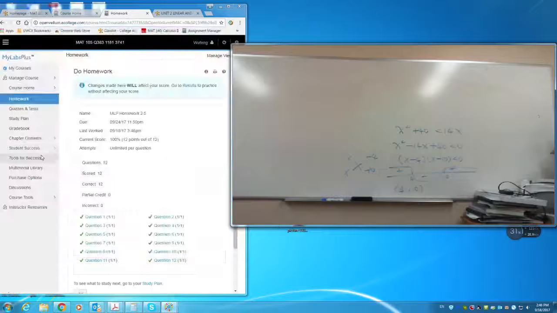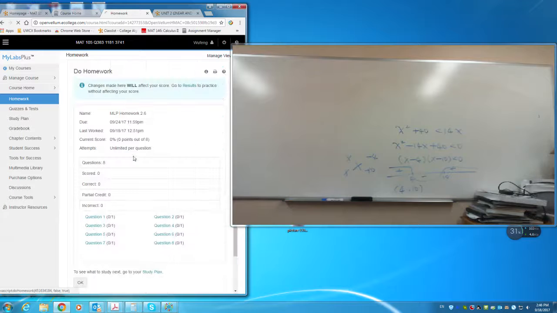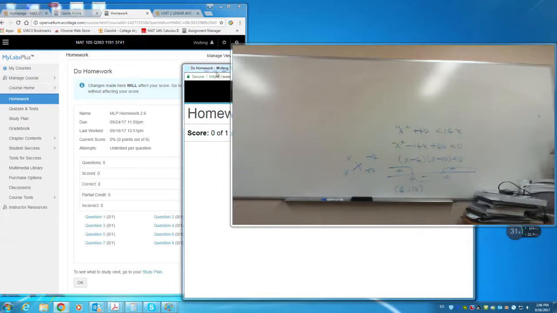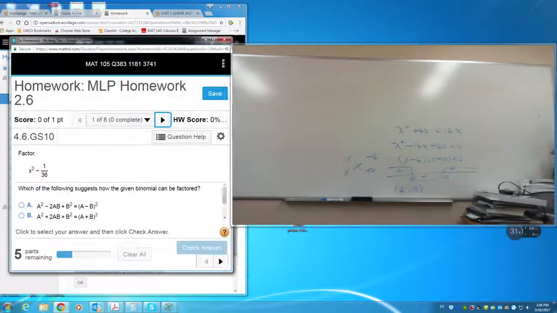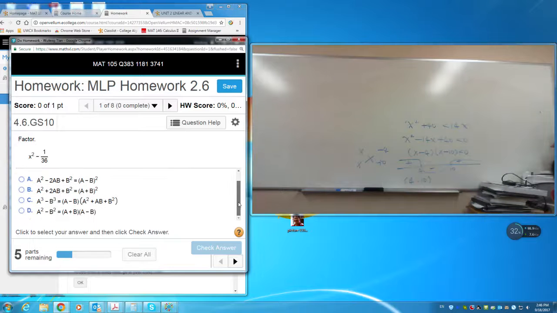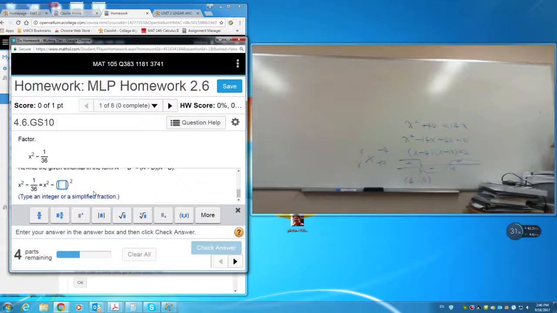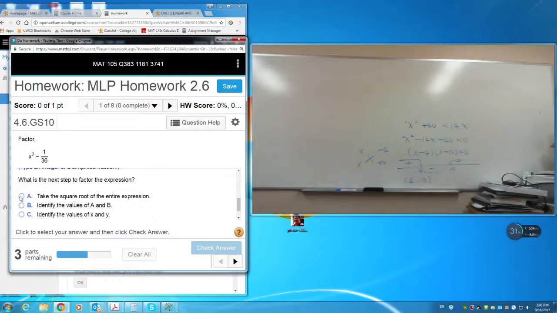Okay, so x squared minus 1 over 36. This is a difference of squares, because it's x squared minus 1 over 6 squared. A squared minus b squared is a plus b times a minus b. I factor it.